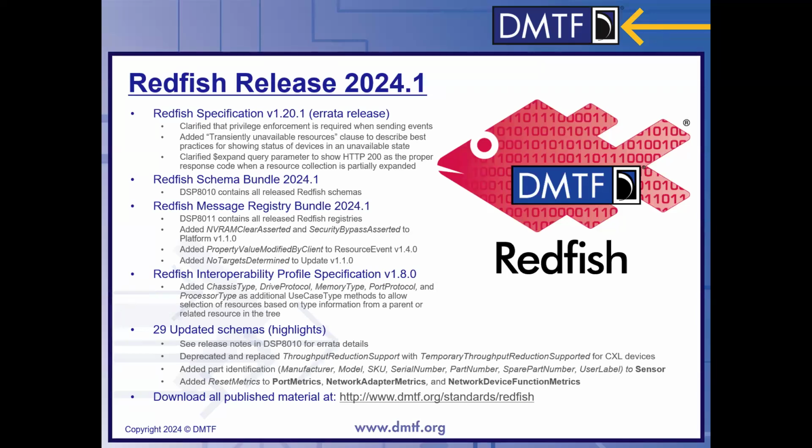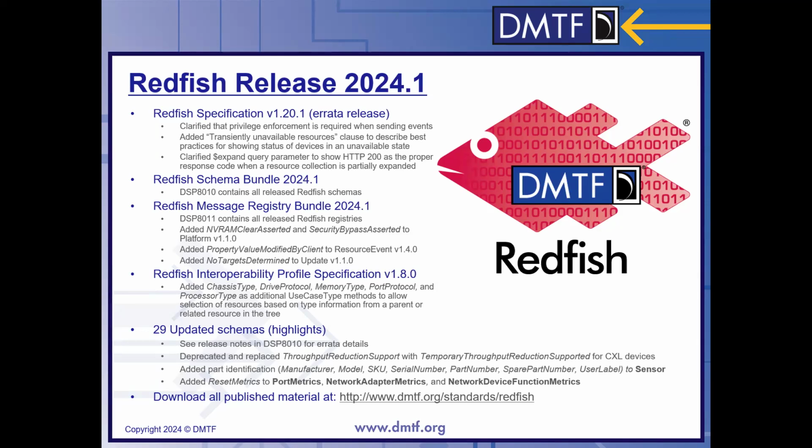The message registry bundle, we had a couple messages added to a few registries, adding some more items to what's called the platform registry, and the platform is trying to be a generic word for basically a computer or a computer-like thing. So it looks very much like system level events.